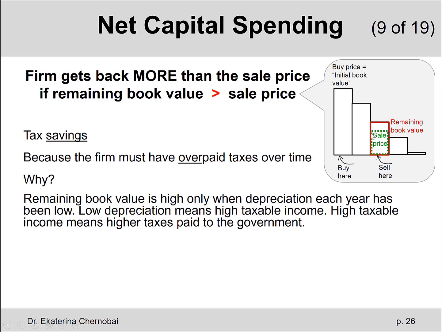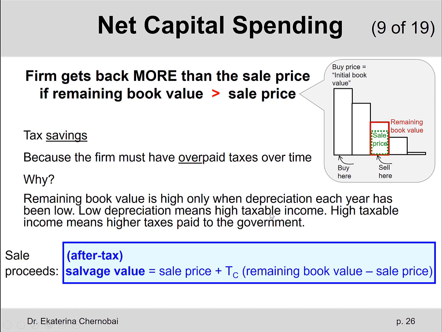So it's really worth less than what accountants have calculated. So because the depreciation appears to have been too low each year, it means that our taxable income must have been too high over the last years. And a high taxable income means that we have been paying too much in taxes to the government. And so now it's time to get a tax refund.